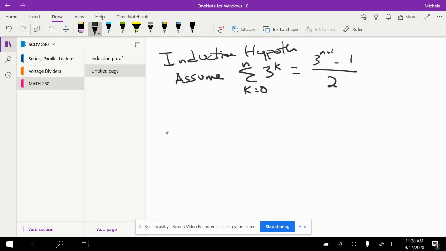And then our induction step, we must show that the sum to n plus 1. So all of the terms that we had for our induction hypothesis, all of those terms to n, we are going to assume that it works, and then see if we can add another term to our sum and it works.